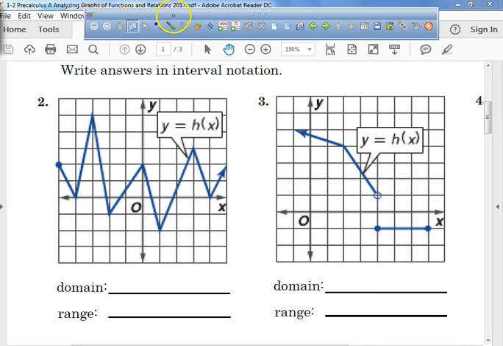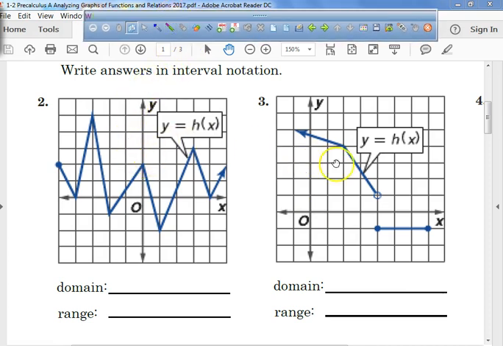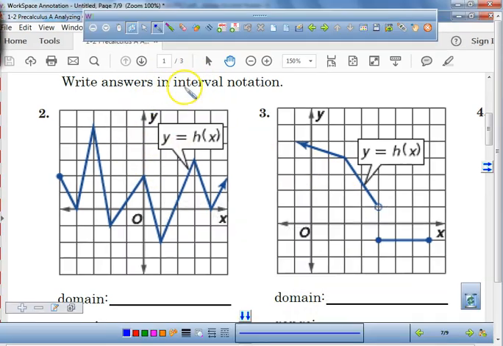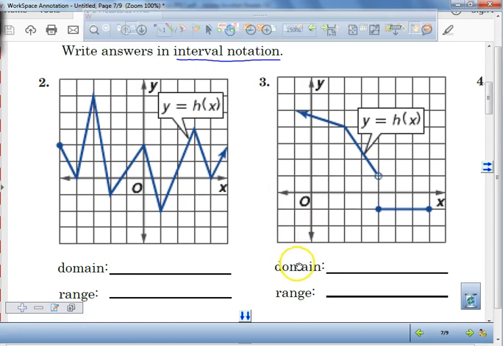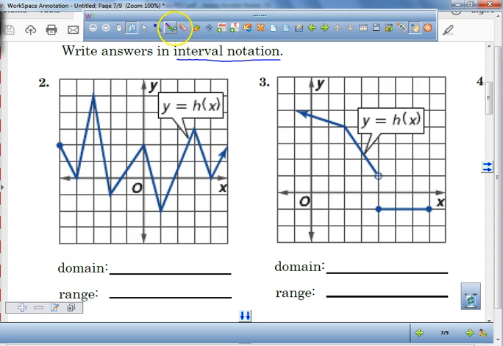All right, guys, the next two problems we're going to talk about are problem number 2 and 3, and I want us to focus on writing things in interval notation. Okay? So what I'd like everybody to do is get a couple of colors for your twistables or highlighters. We're going to do 2 different colors. One of them is going to be in blue. I'm going to do my domain in blue, and I'm going to do my range in green.